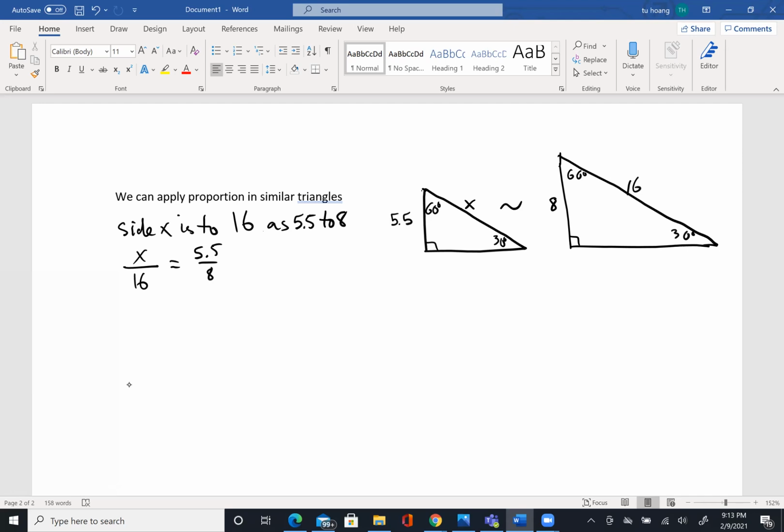So I have this as hypotenuse over hypotenuse, equal to shorter leg over shorter leg.